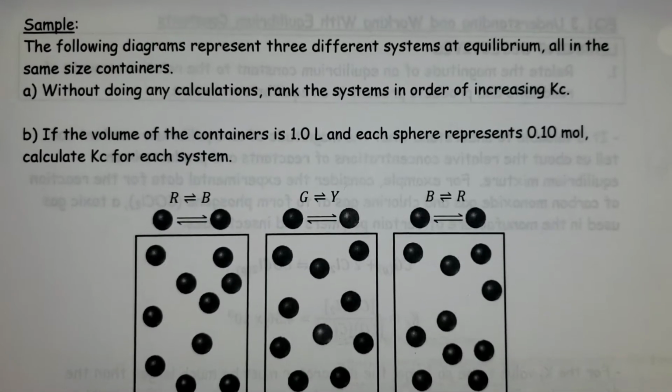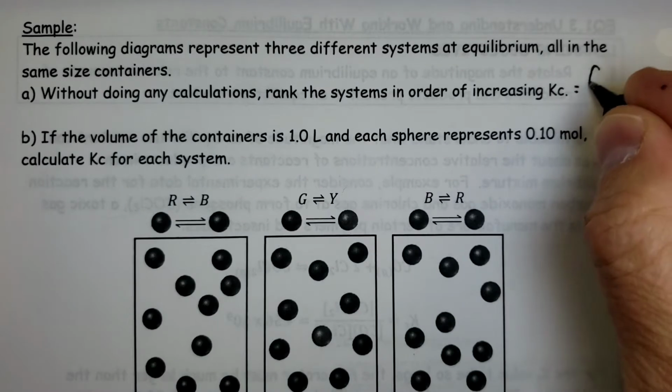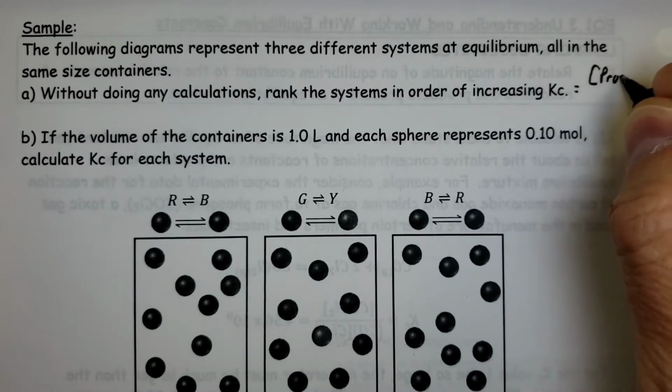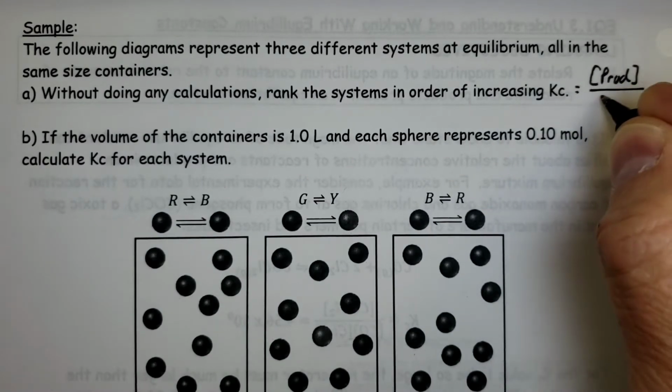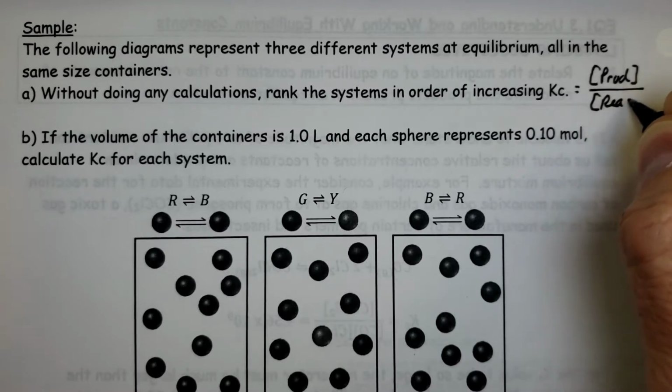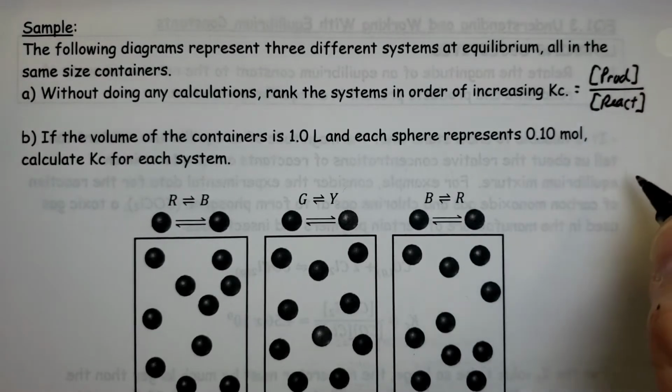Okay, if you look at the next page, we'll look at some more of this. The following diagram represents 3 different systems at equilibrium, all in the same size containers. Without doing any calculations, rank the systems in order of increasing Kc. And of course, Kc, we know, is the ratio of products to reactants.